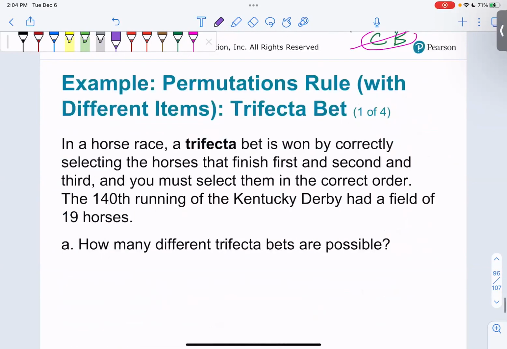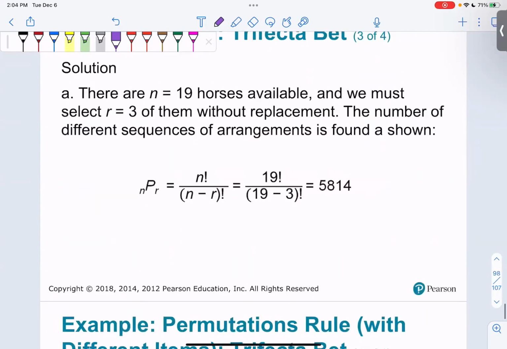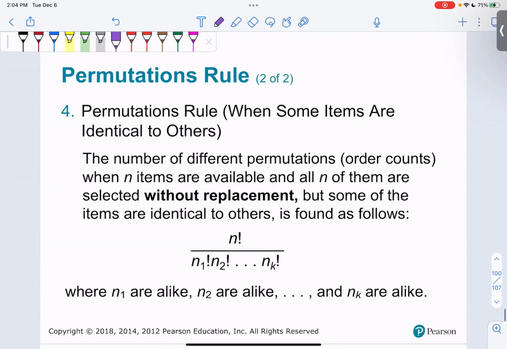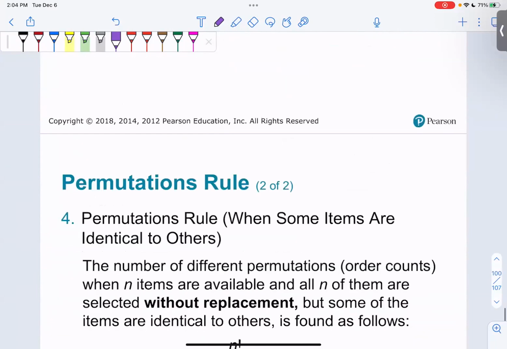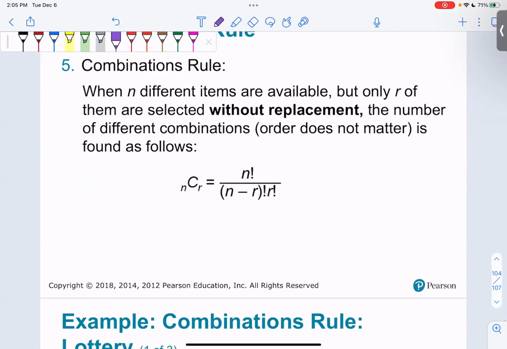So let's see it in the next one here, and then we'll go back to the other example. We'll go back to the same example, but just let's do the combination here. So the combination, the order does not matter. So choosing 2 out of 3 will be equal to what? 3 factorial divided by 3 minus 2, which is 1, times 2 factorial, right?